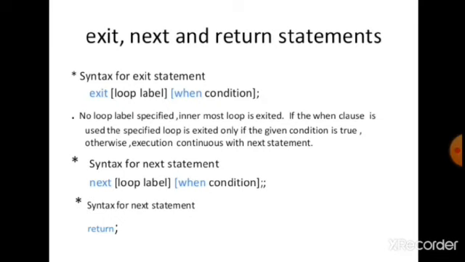Depending on this condition, that loop label is going to exit. If this condition is true, it is going to exit that loop. Okay, if no loop label is specified, then what happens? The loop in which you have written that exit statement, that is the innermost loop, is exited. Okay, if the when clause is used, the specific loop is exited only if the given condition is true.